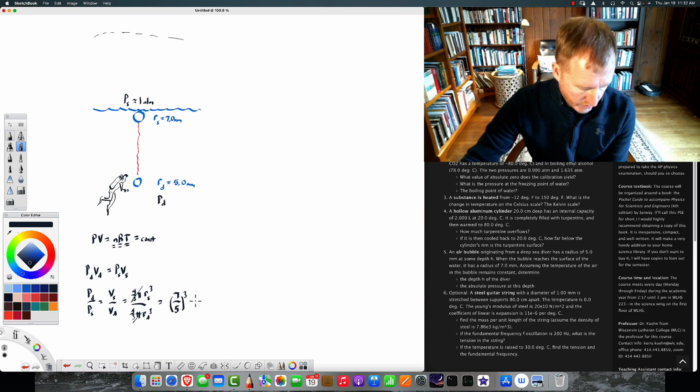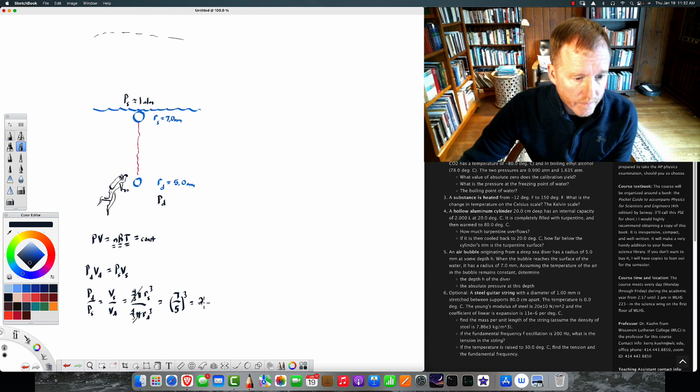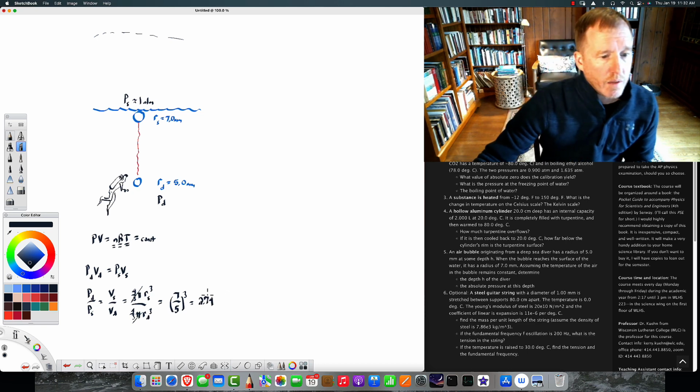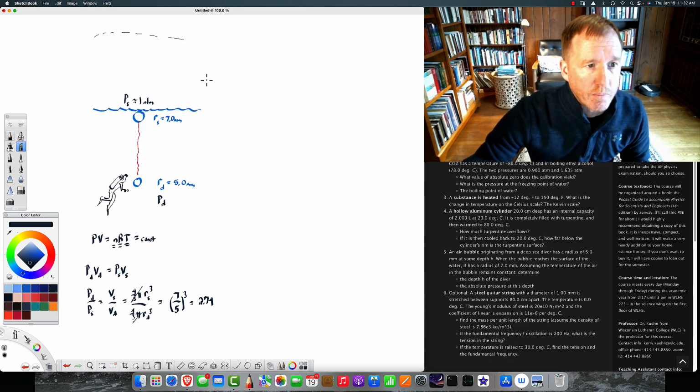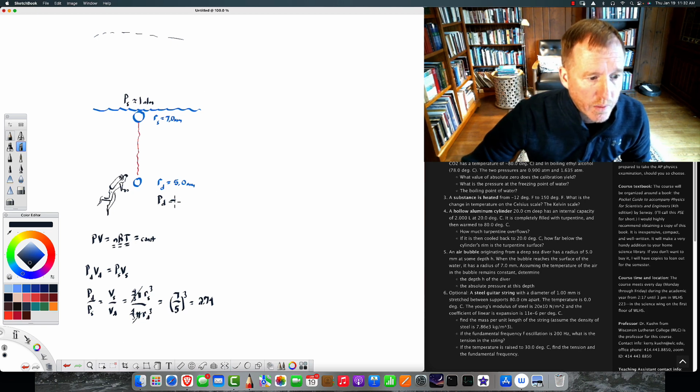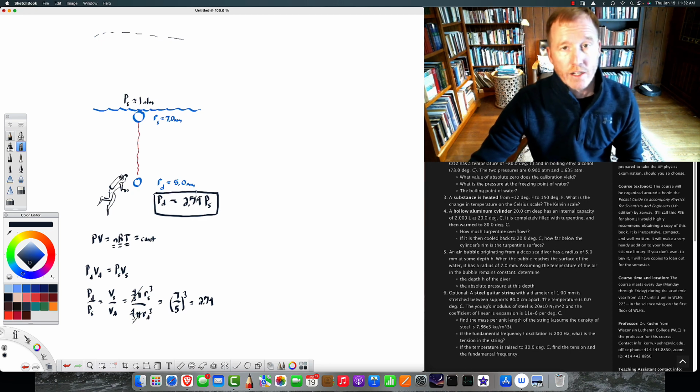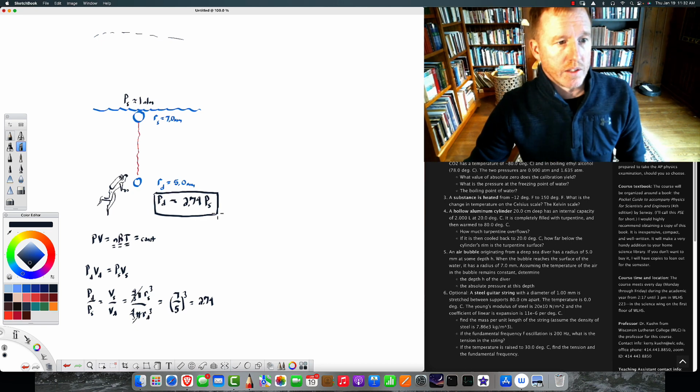So 7/5 cubed is about 2.74. So the pressure in the deep region is going to be 2.74 times the pressure near the surface. That's an important thing to keep in mind. That's in fact why the bubble is compressed in the deep region.